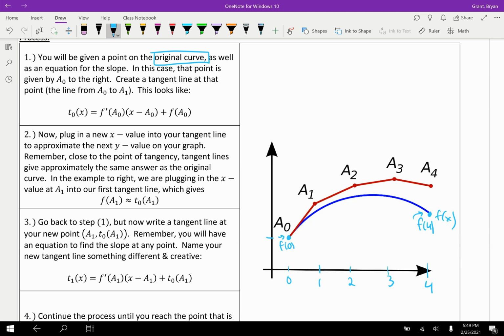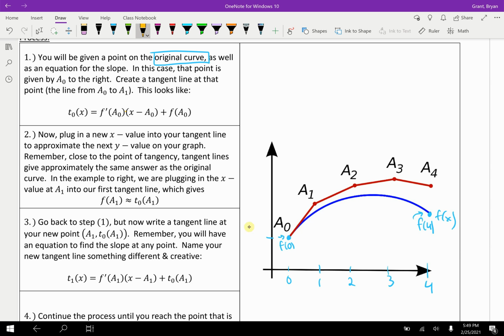But you're going to have to think that we didn't have the rest of this graph. We just had the actual starting point. So how, oh how, do I find an approximation for f of 4? Well, one way that we've done in the past is you could create a tangent line. You'd create a tangent line right at this point that we're calling a sub 0. And our tangent line here is found by doing f prime of a sub 0 times x minus a sub 0 plus f of a sub 0.